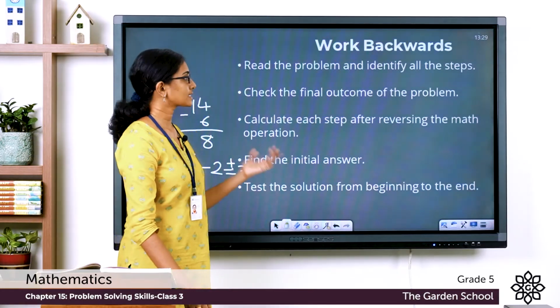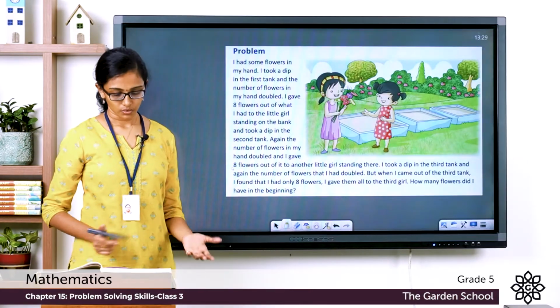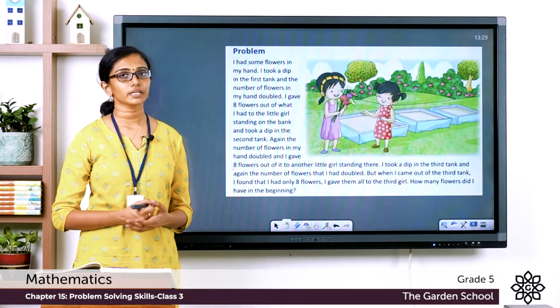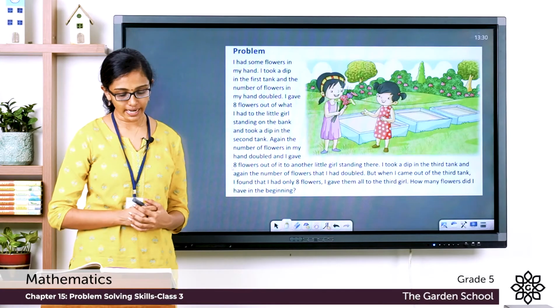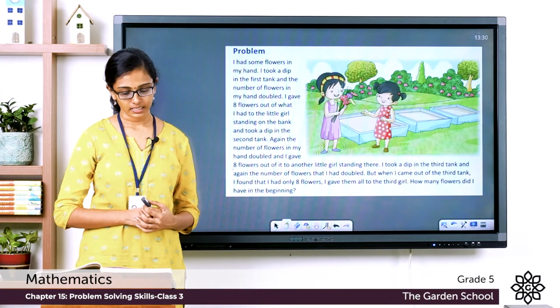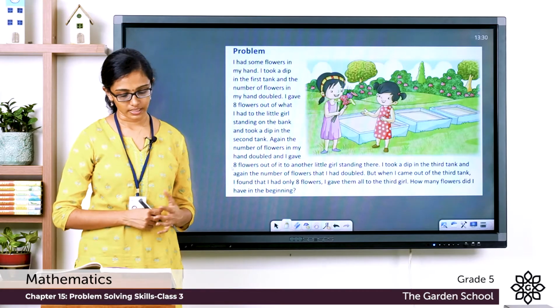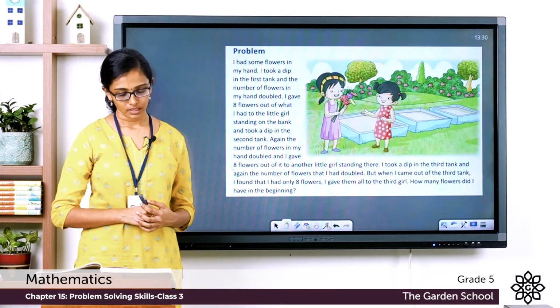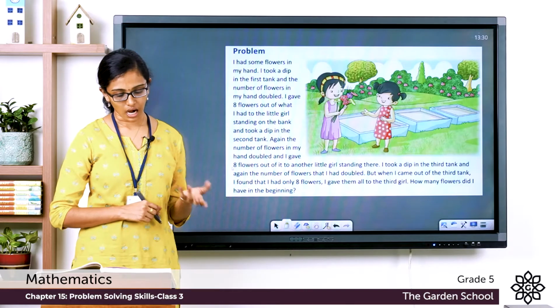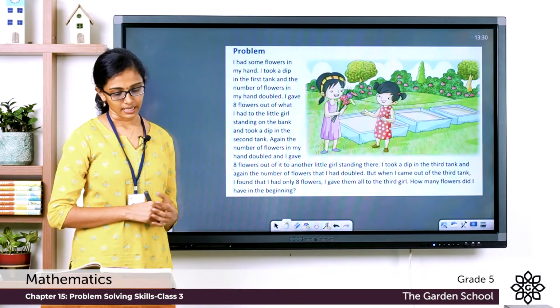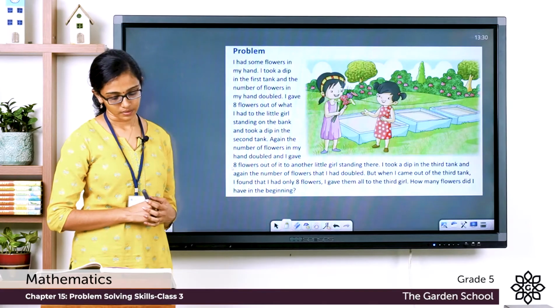Now we'll see one example from your textbook. You can see this problem on page number 212. Let me read the question to you. I had some flowers in my hand. I took a dip in the first tank and the number of flowers in my hand doubled. I gave 8 flowers out of what I had to the little girl standing on the bank and took a dip in the second tank.